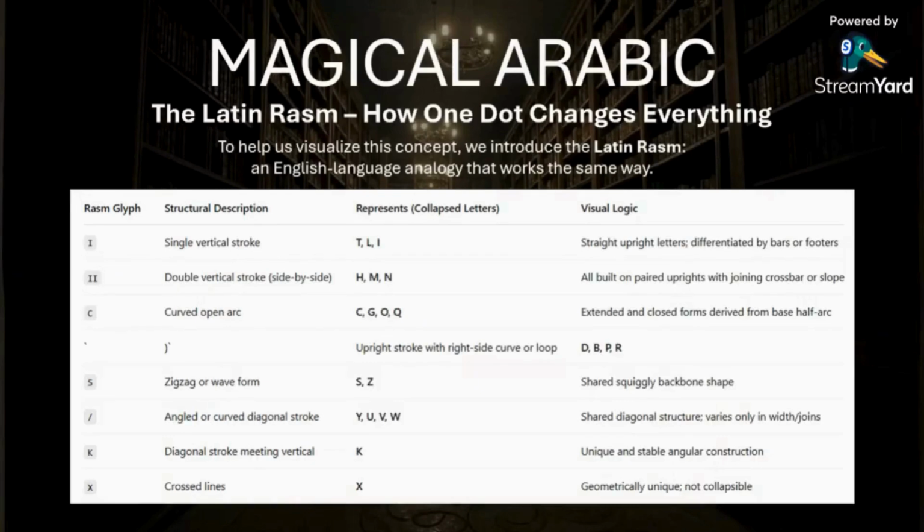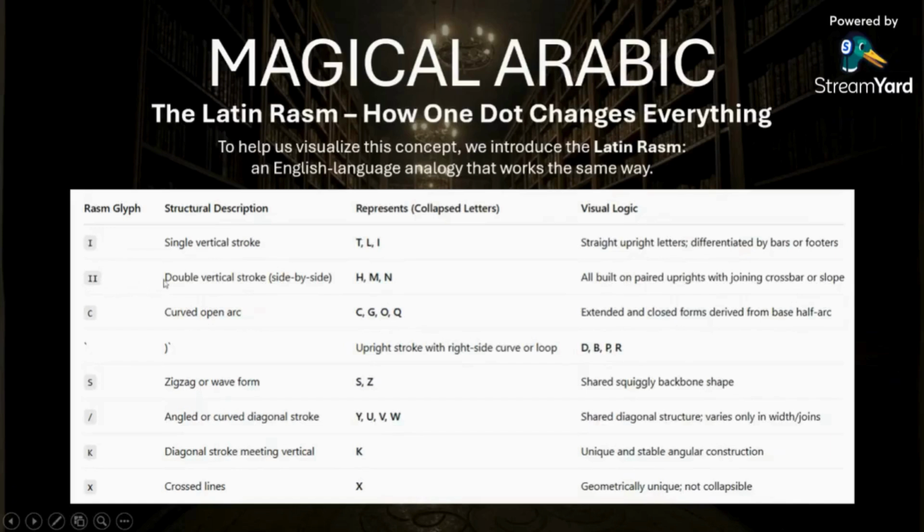So to build off this idea, to demystify it a little bit, I put together this hypothetical Latin rasm, I call it. You can imagine here just this symbol with one single vertical stroke. Sticking only to capital characters for a second, this single vertical stroke could be made into a T, it could be made into an L, or it could remain a single vertical stroke representing the I, right?